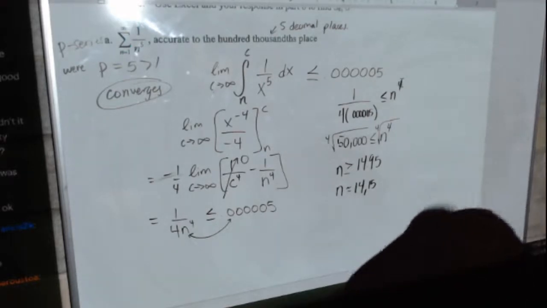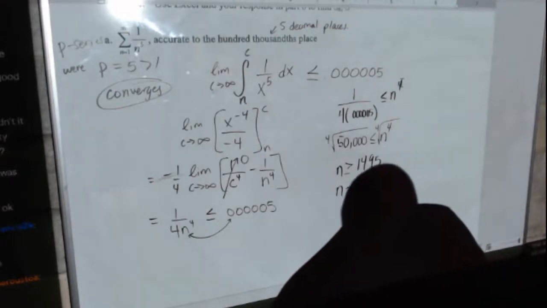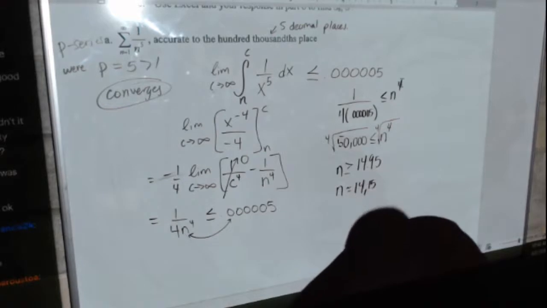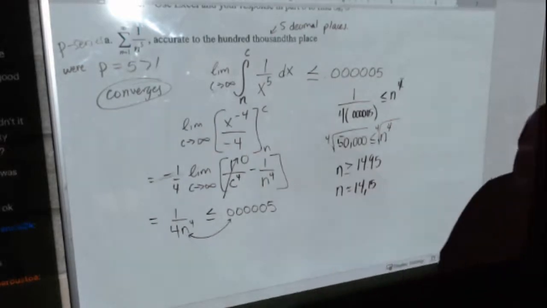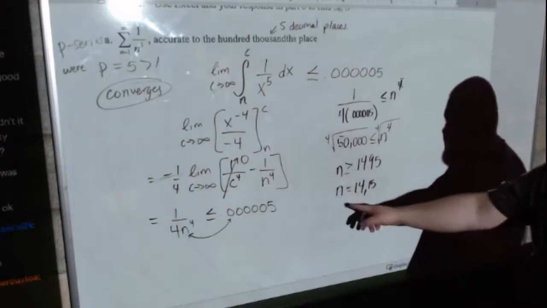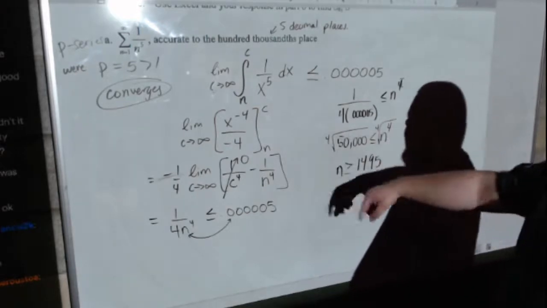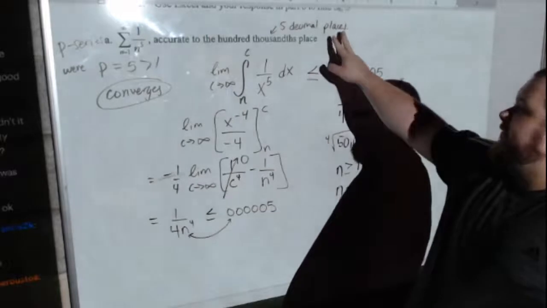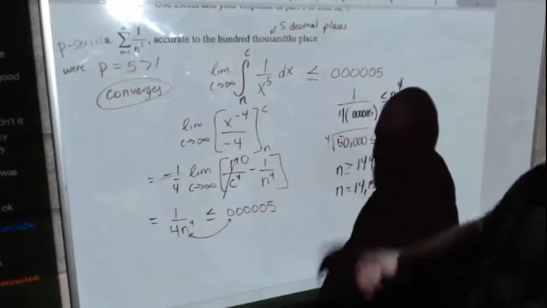So we've got that we need 14 or 15 terms to get an accuracy within 5 decimal places. That's what this problem tells us.